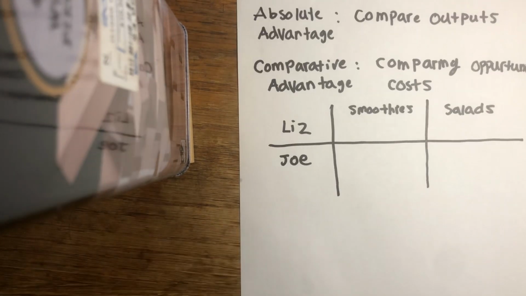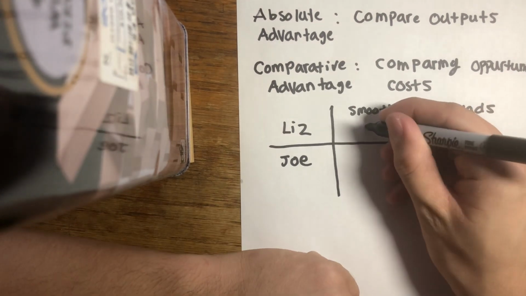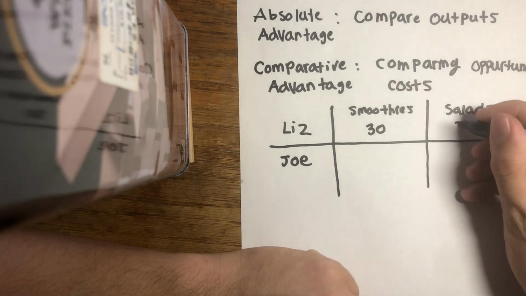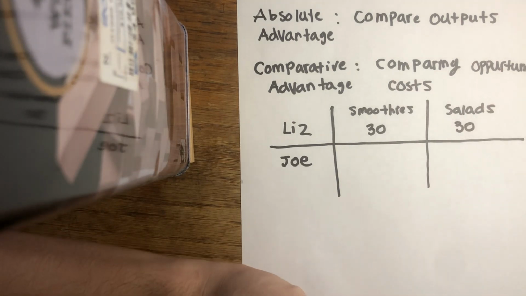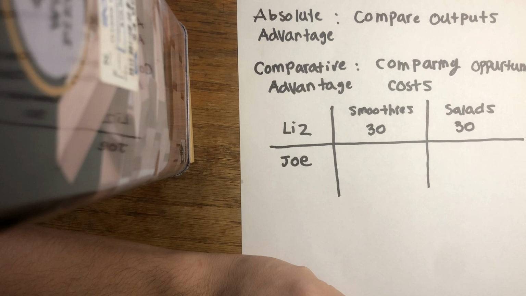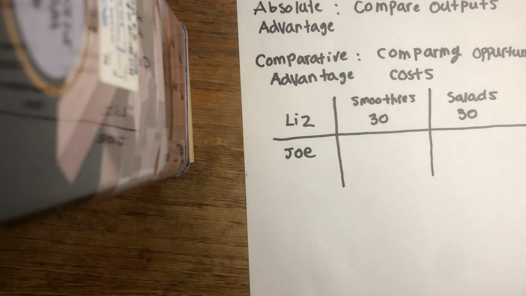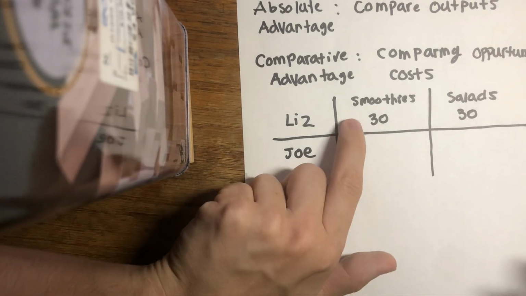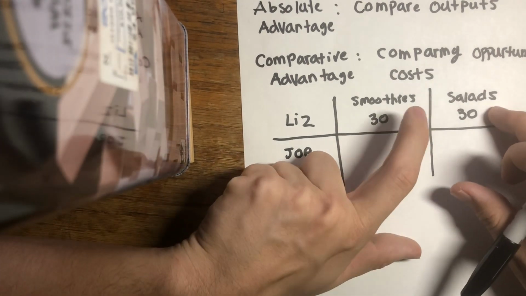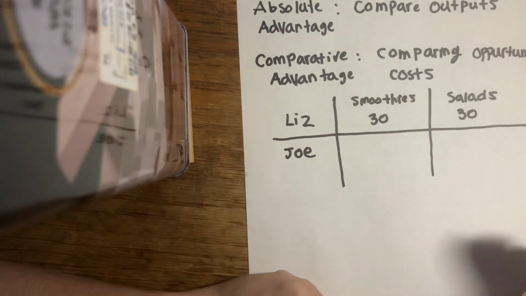Now let's suppose in 1 hour, we have Liz, who could produce either 30 smoothies or 30 salads. This doesn't necessarily mean that she can produce both 30 smoothies and 30 salads at the same time. It's either she produces 30 smoothies and 0 salads, or 0 smoothies and 30 salads.